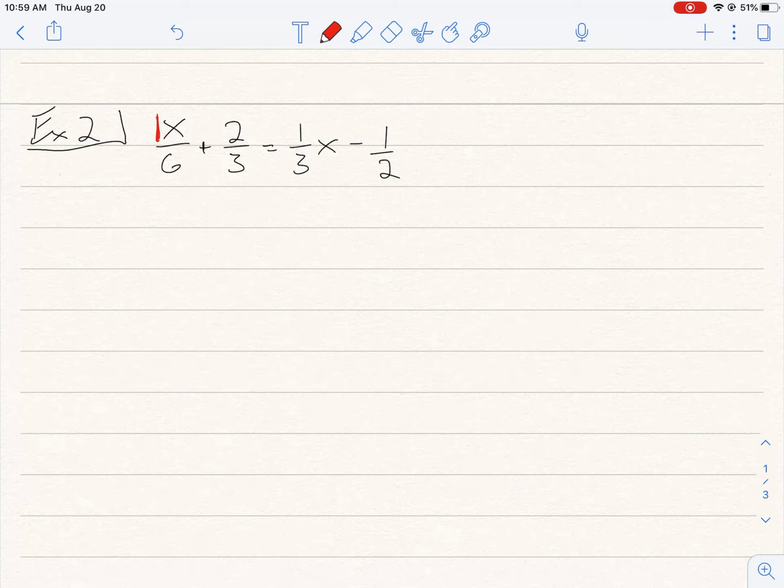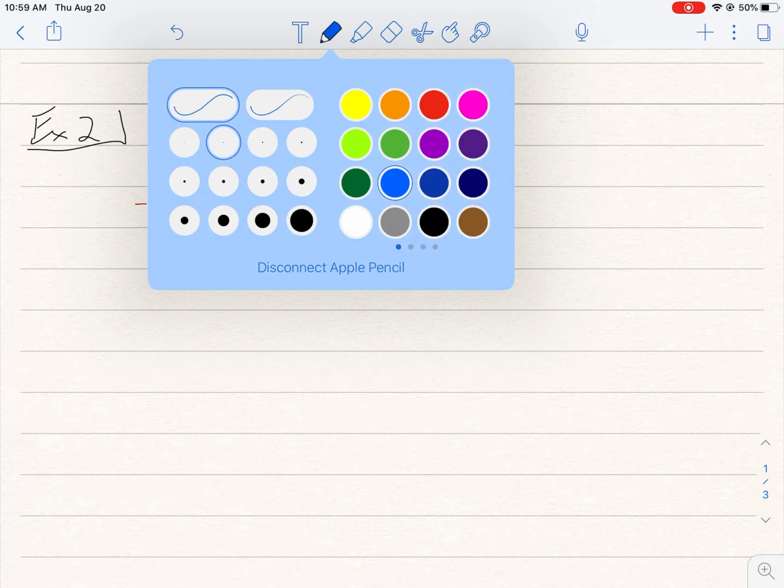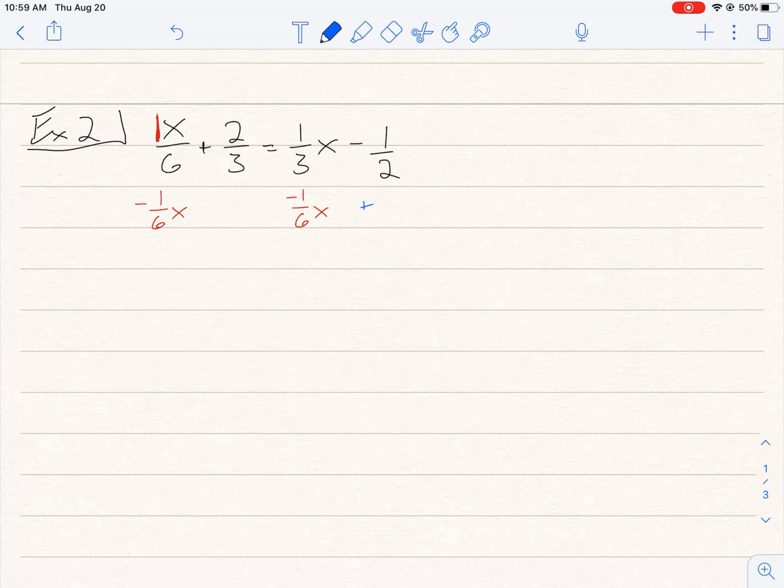So some of us, maybe need to use calculators to do this. I'm going to show you two different methods. So let's say I start off with subtracting 1/6 x from both sides. And then at the same time, I could also add the 1/2 to both sides as well.